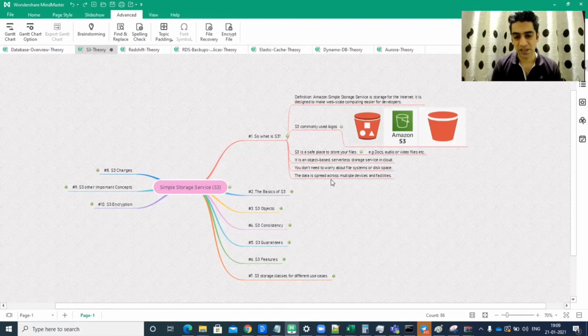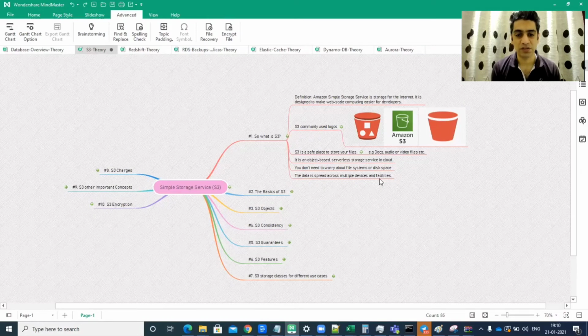The data is spread across multiple devices and facilities. There is a concept of availability zone that we will discuss in later lectures, which simply has several data centers in it. And when I say data center, I actually mean physical data centers. Now when you copy any file on S3, it's copied on more than one availability zone.